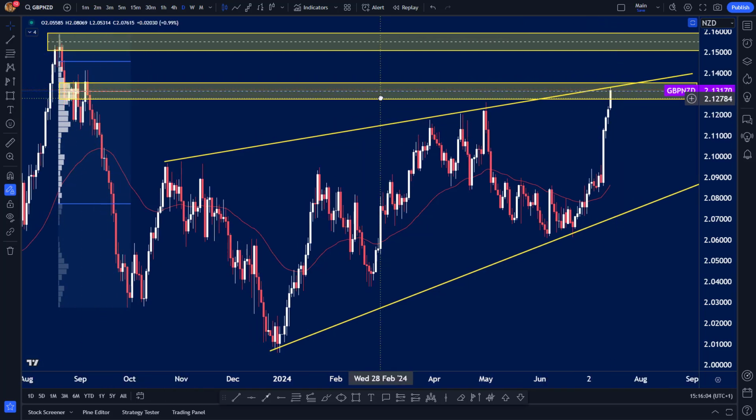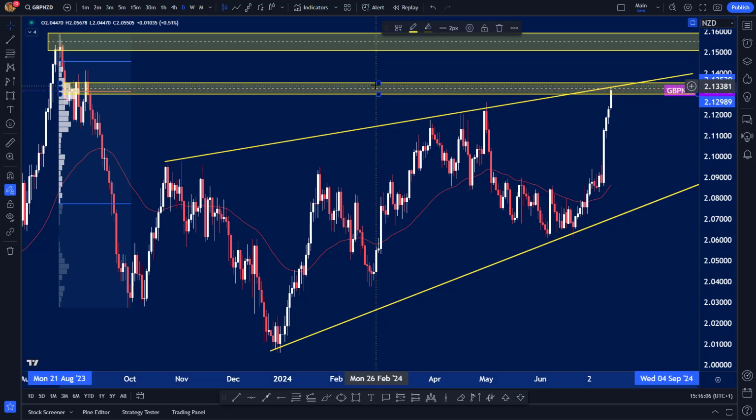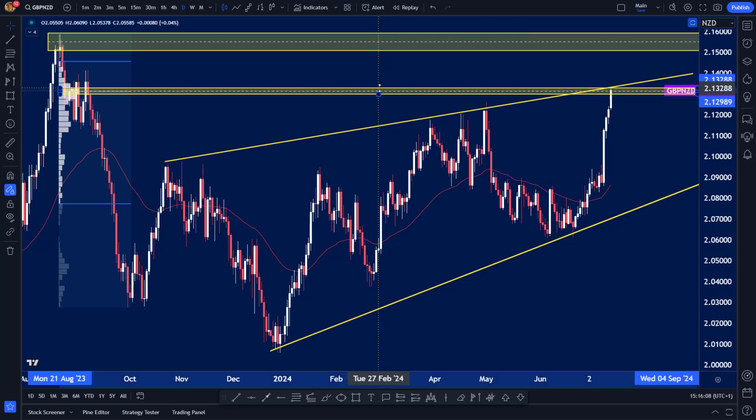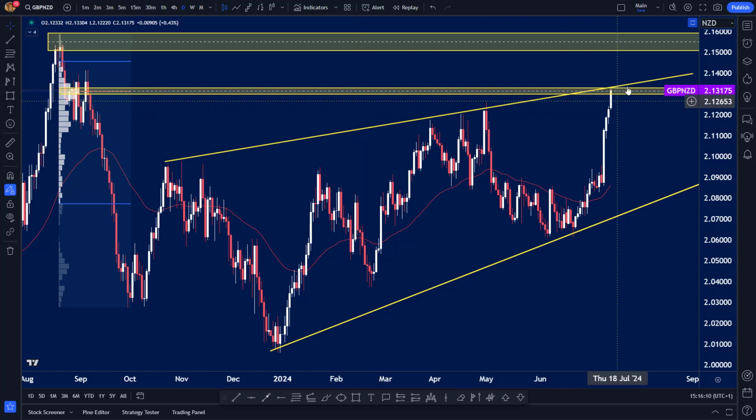If I could narrow it in a little bit, I would look to see where that point of control is within the market. So in theory, this could be a short-term turning place for pound Kiwi, which is interesting because the currency strength meter is telling us to be a buyer of this right now. But looking at the chart, do you necessarily want to be buying at resistance? No, but we want to be buying a little bit lower.